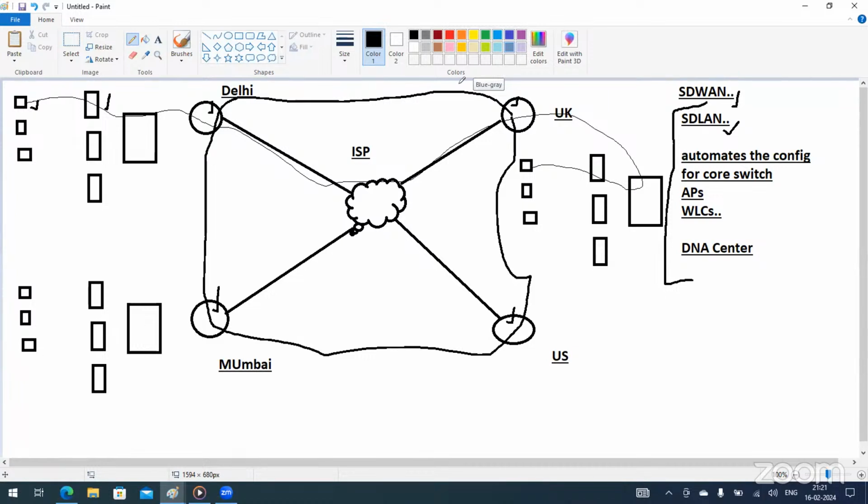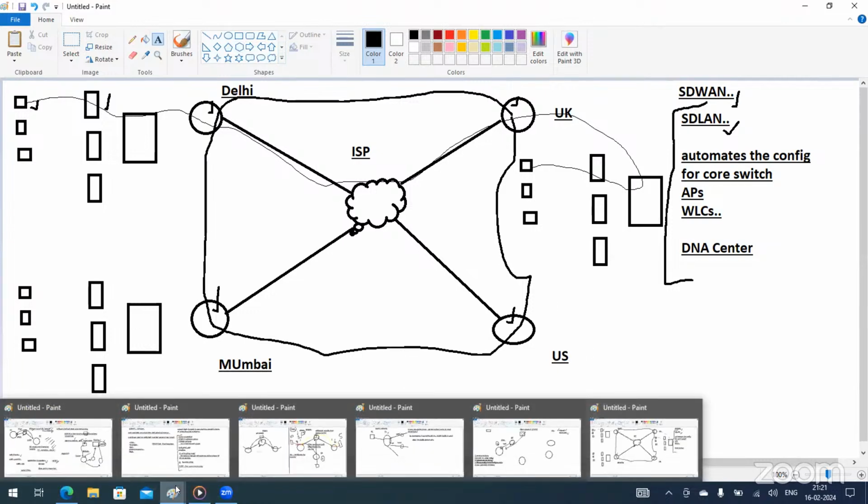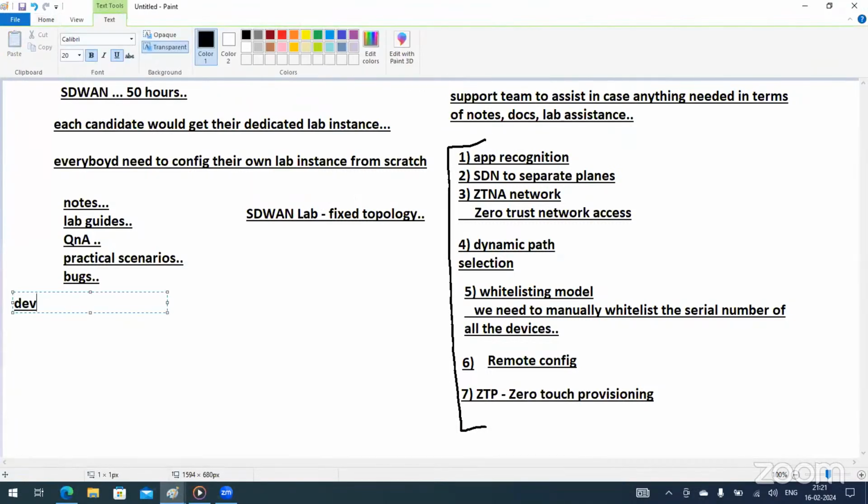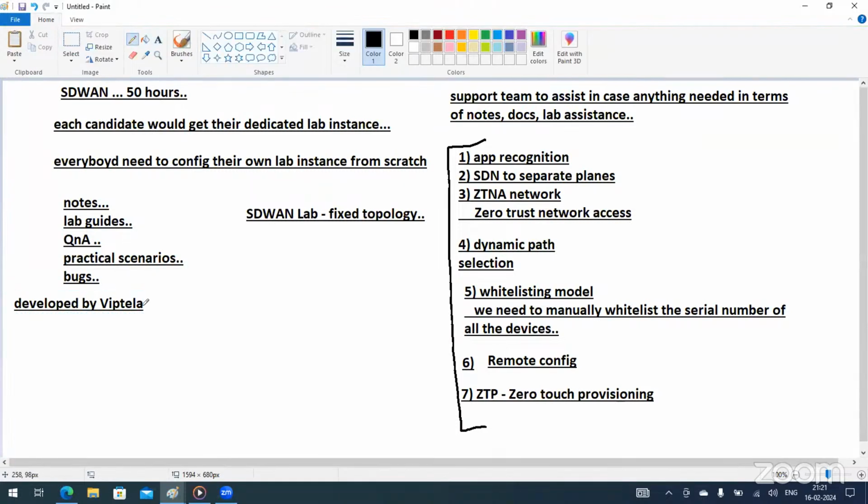Okay, thanks. So when we say SD-WAN, or let's say Cisco SD-WAN, it was initially developed by a company called Viptela. When Viptela was working on SD-WAN, there were some customers who were using Viptela SD-WAN.